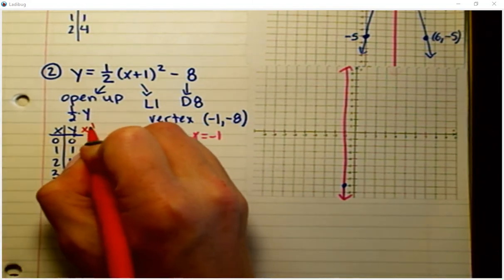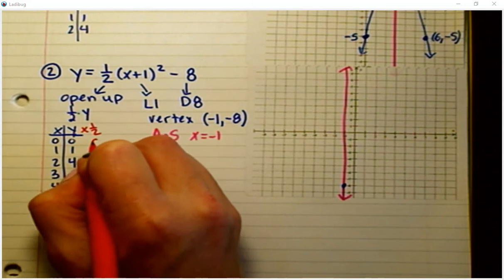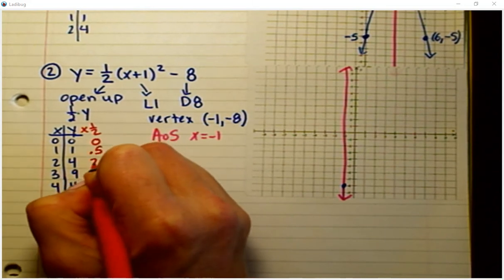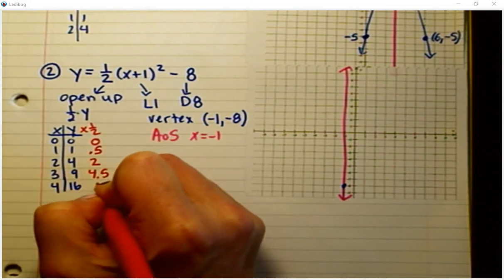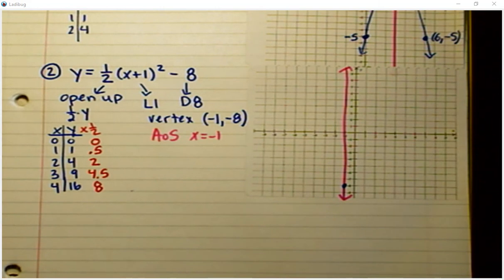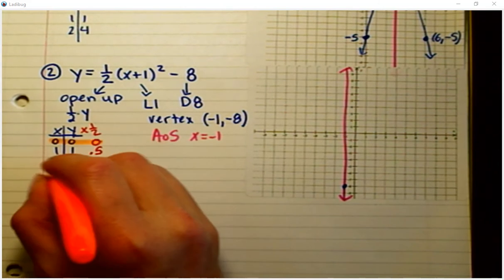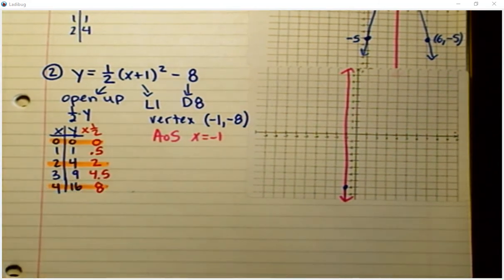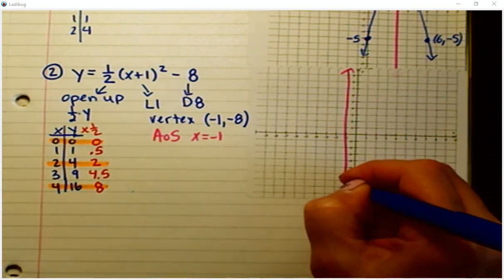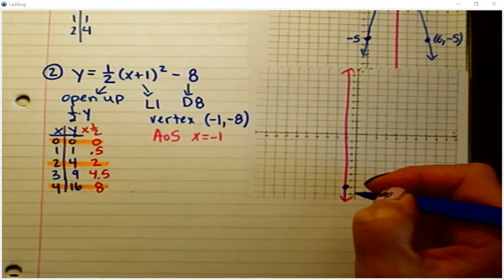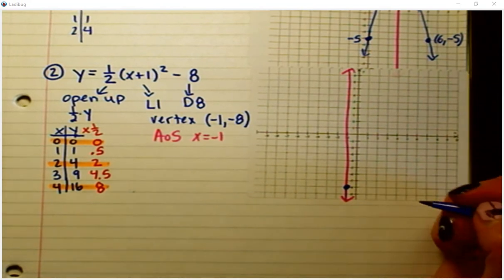Okay, so I've got to times them by a half. And right, there's my vertex. I'm just highlighting the actual ones that I'm going to put on the graph to make sure I've got enough integer coordinates. Yes? Did you just do f of x equal x squared divided by 2? Yeah, basically that's what you're doing.